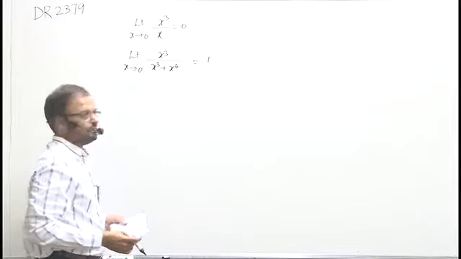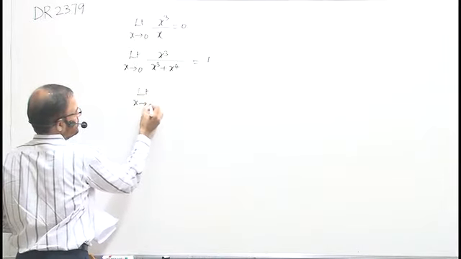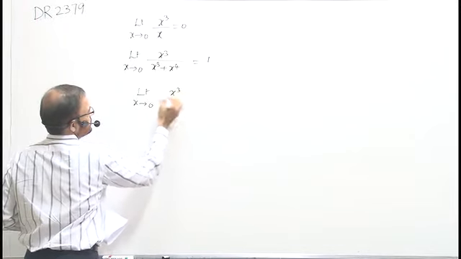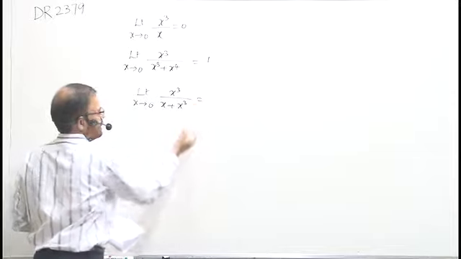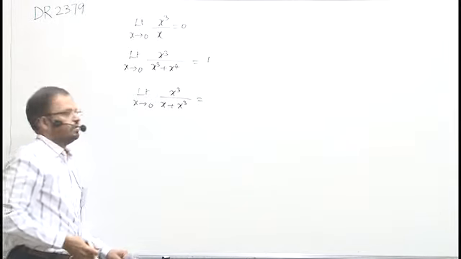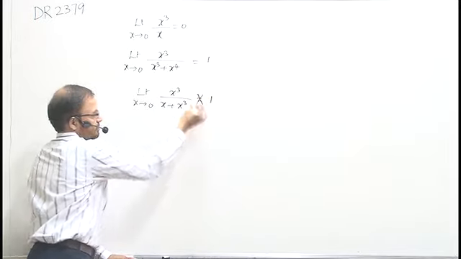Suppose it is the limit as x tends to 0 of x cube divided by x plus x cube. Here you will not get the limit equal to 1. It will not happen.